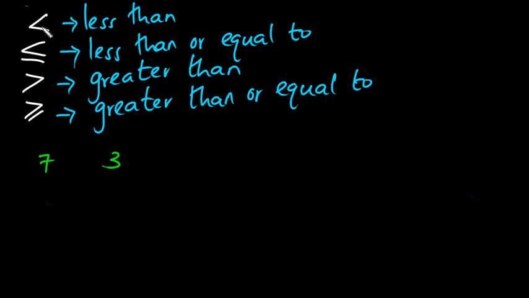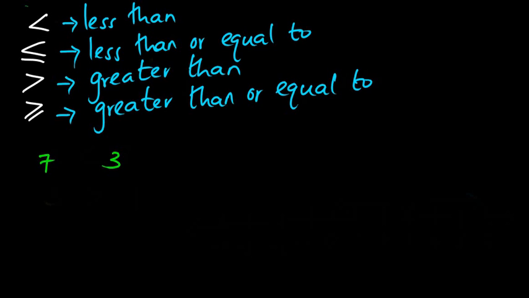Let's try to insert the first one, less than, and read this statement. 7 is less than 3. Is that true? It is not true, because 7 is not less than 3. So that is not the symbol we're supposed to insert there.